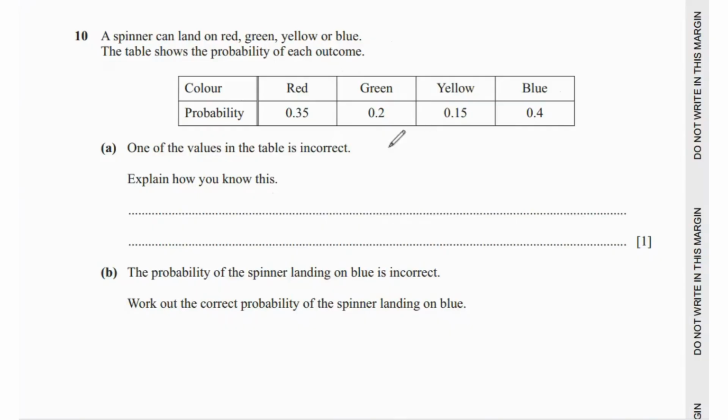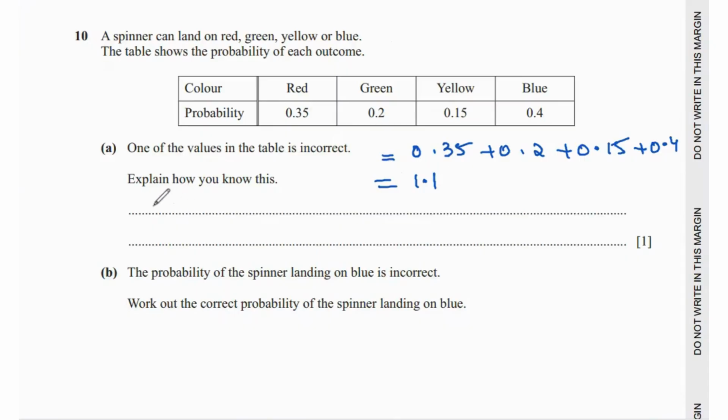So if we add them up, 0.35 plus 0.2 plus 0.15 plus 0.4. 0.35 plus 0.2 is 0.55, plus 0.15 is going to give us 0.7, and 0.7 plus 0.4 is 1.1.